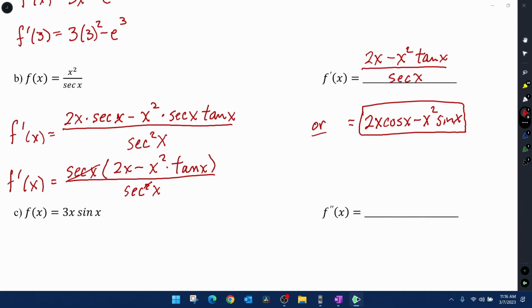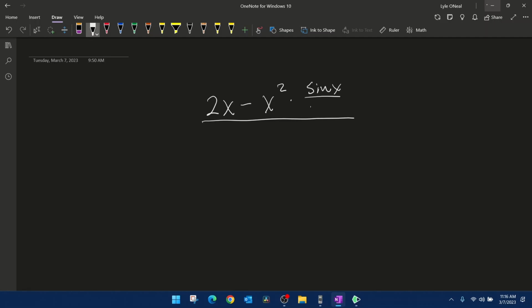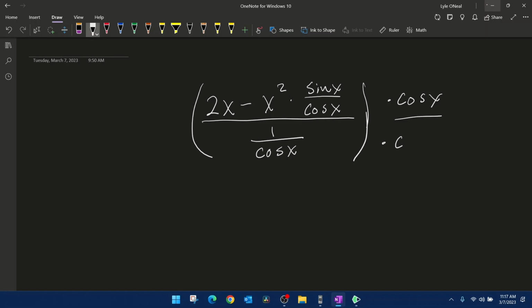How did I get that? Yeah. I'm so glad you asked. Can tangent be written as sine over cosine? Yes. Can secant be written as 1 over cosine? Yes. Can I multiply a fraction top and bottom by the same thing? I choose cosine of x.